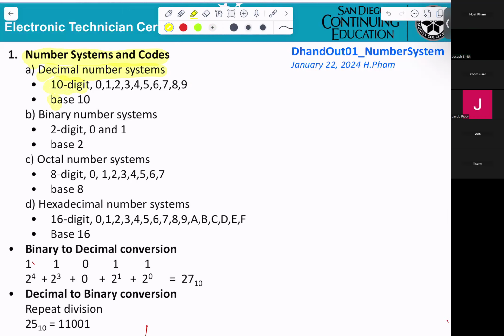And that's why they call it base 10. That's easy for everyone. The next one, the binary number system. In binary, you get only 2 digits, either 0 or 1. Because they get only 2 digits, they call it base 2.